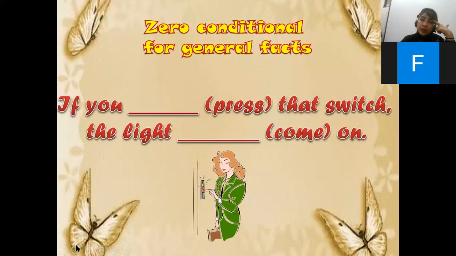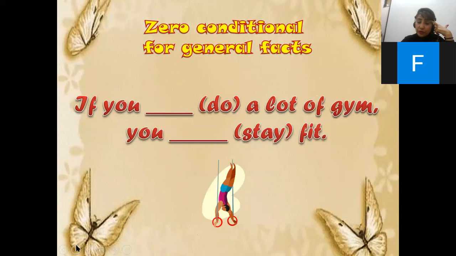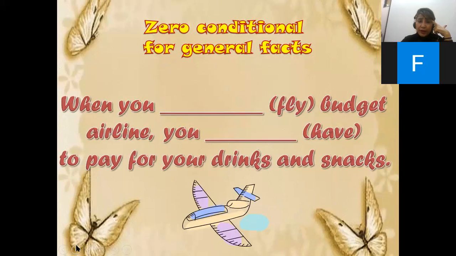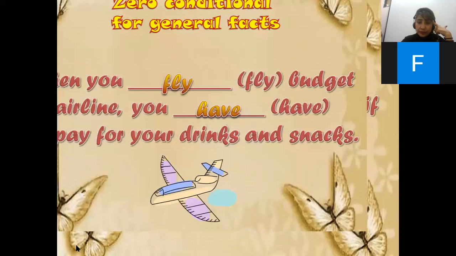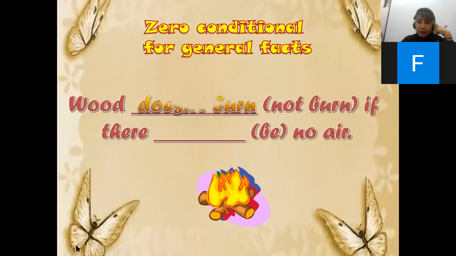All right. If you press that switch, the light comes on. If you do a lot of gym, you stay fit. When you fly a budget airline, you have to pay for your drinks and snacks. Wood doesn't burn if there is no air.